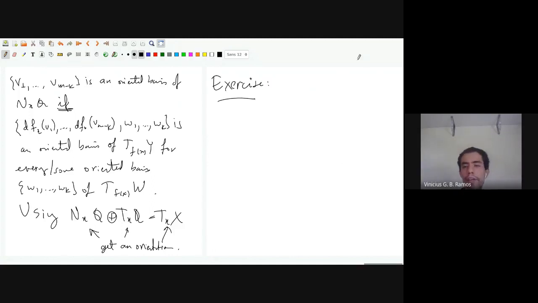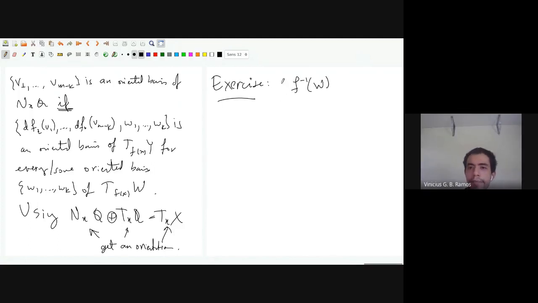If you look at the pre-image of W, this is an oriented manifold with boundary. I mean, everything that I said doesn't care if you have a boundary or not. So if you look at the pre-image of W, it's a manifold that could have boundary.